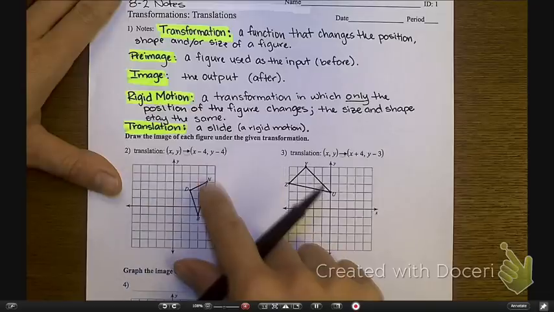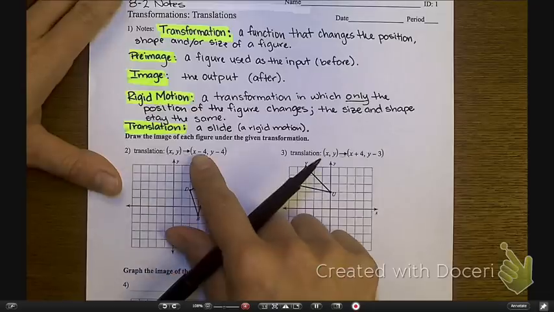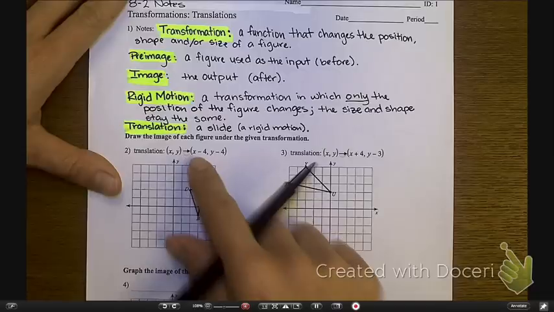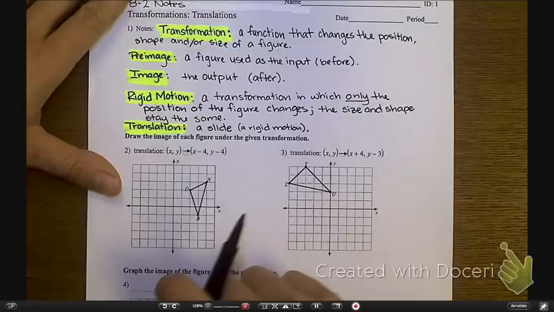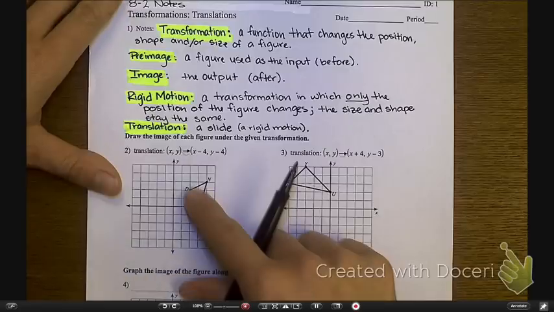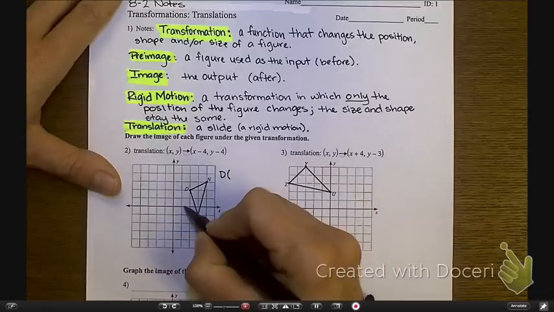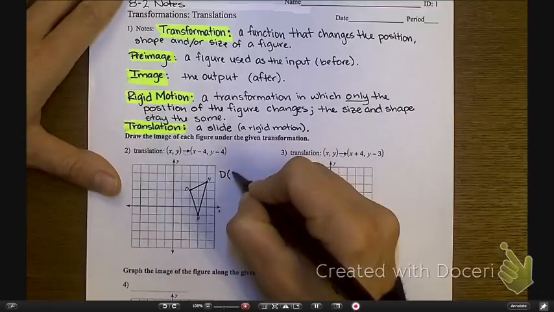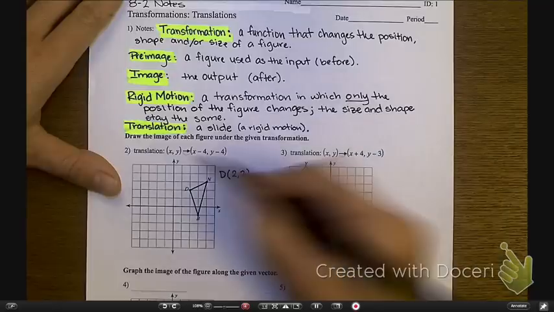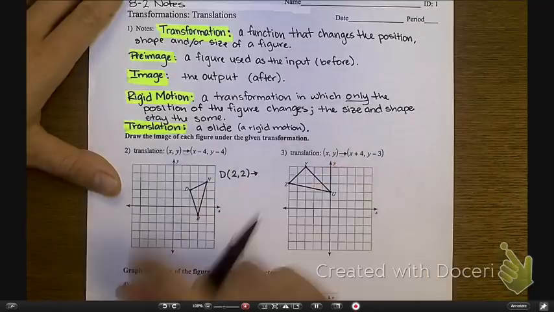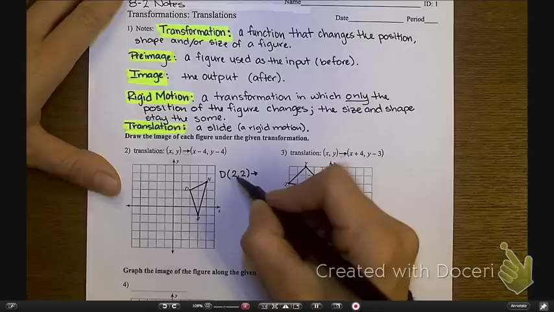And so what the translation is telling me to do is take away 4 from each x value and take away 4 from each y value. Let's look at an example of one point. Point D, the coordinates are 2, 2. Applying this translation, it's asking me to take 4 away from 2.